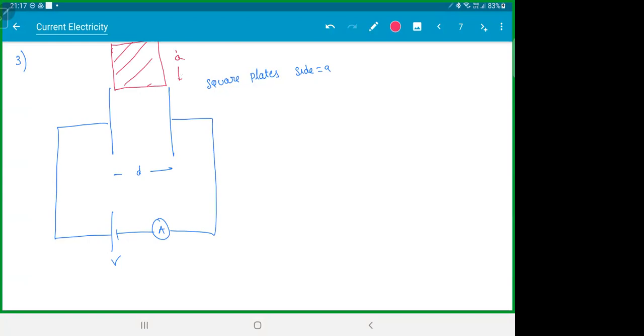This side is also A. Dielectric constant is K, and it is going with speed U inside. You're getting what is happening? The slab is being pushed inside slowly. A dielectric slab enters the capacitor with speed U.